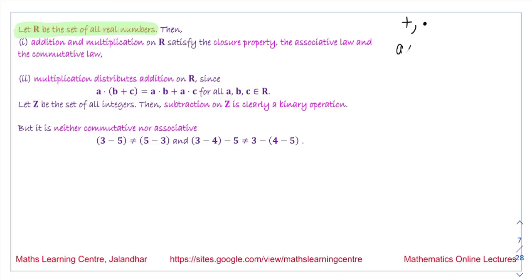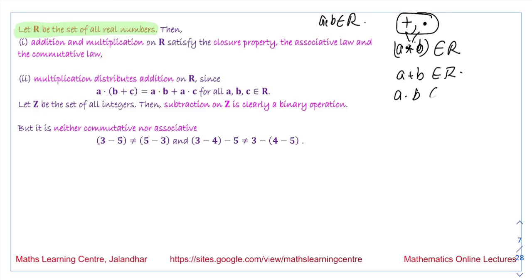If A, B belong to R, then A star B belongs to R, for star being either of these two operations. This means A plus B belongs to R and A into B belongs to R. So the operation is closed on R, the closure property holds, and this is a binary operation.